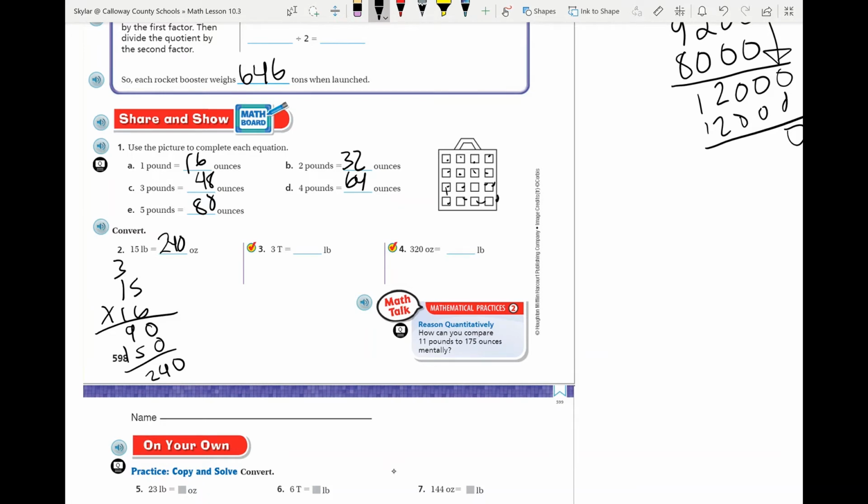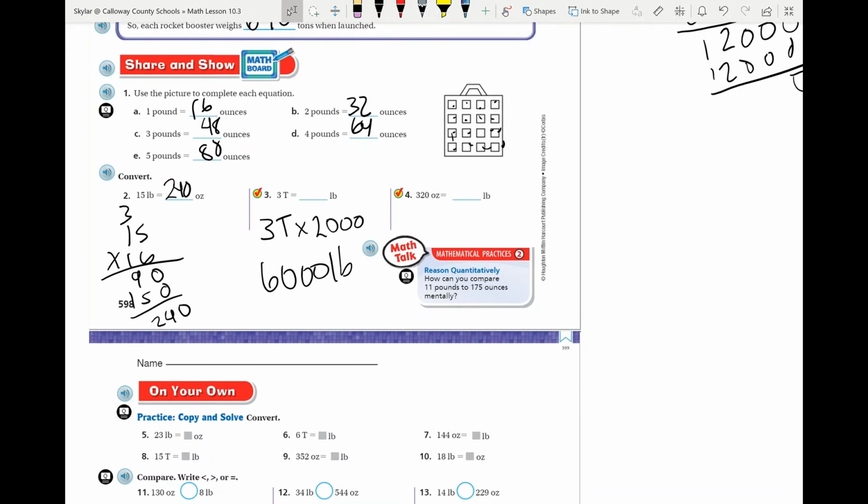3 tons. Well, we know that there's 2,000 pounds in a ton. We're going from a bigger unit to a smaller unit, so we multiply. So 6,000 pounds. And finally, with number 4, 320 ounces to pounds. We are going ounces to pounds, so we're going to need to divide because we're going from a smaller unit to a bigger unit.